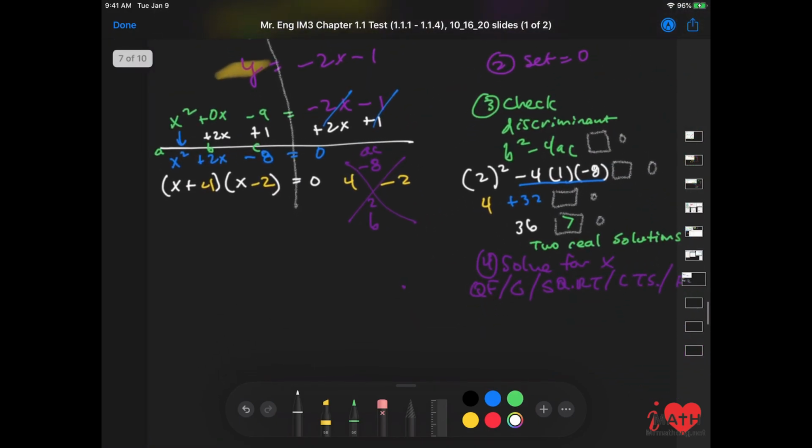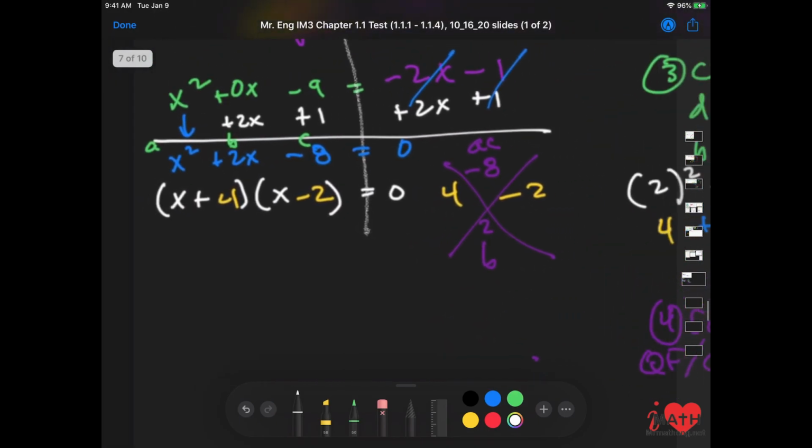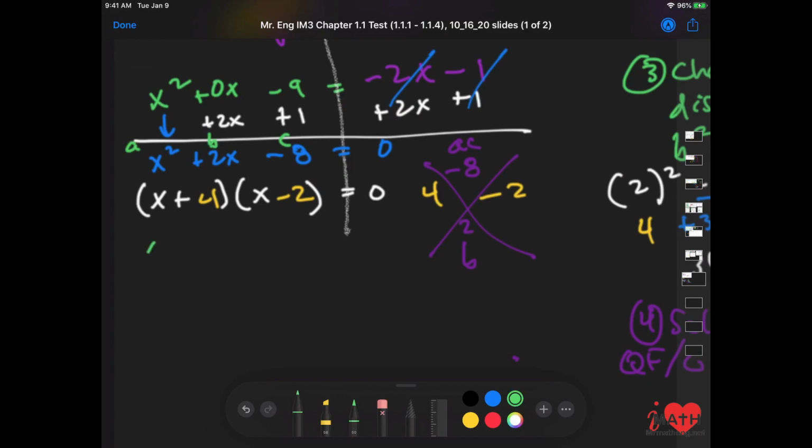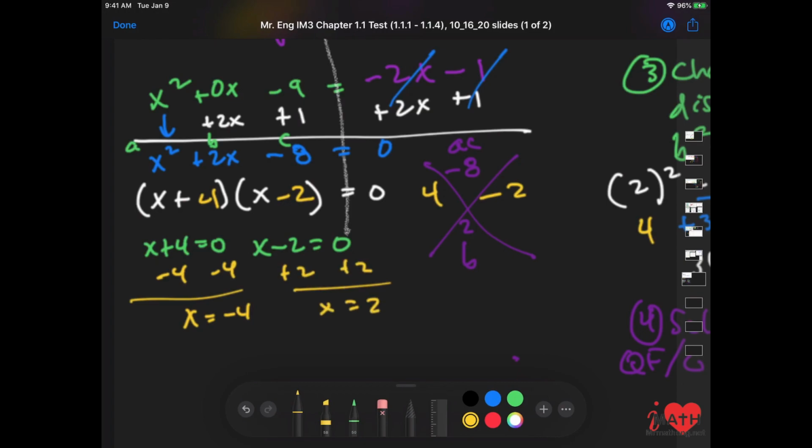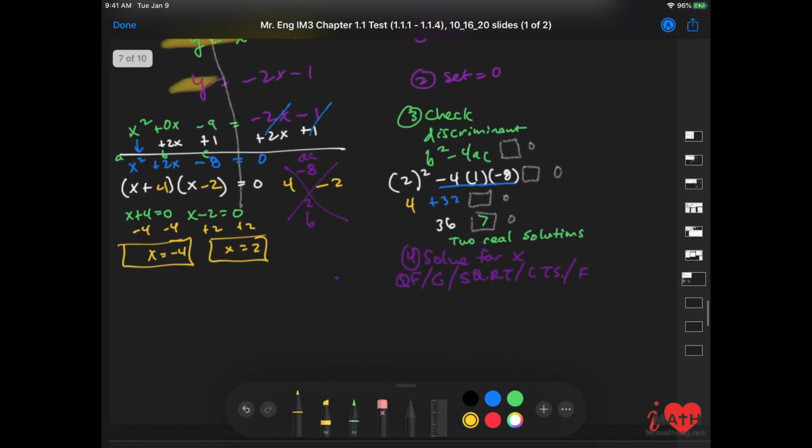Okay, what are we doing? We're solving for x. So I can just set each of those equal to 0 now. Zero product rule. One of these expressions has to equal 0. And then we're just going to solve it. So I get x equals -4 and x equals 2. Okay. We just solved for x.